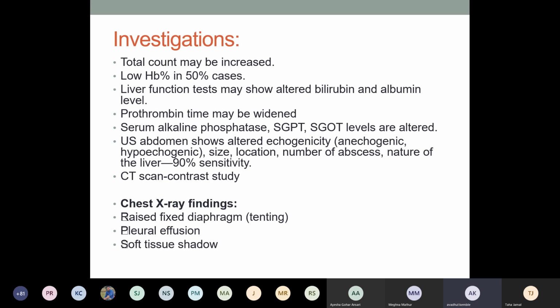Another specialized investigation is a CT scan with contrast study. Chest X-ray can give indirect evidence by showing a raised and fixed diaphragm on the right side, with soft tissue shadows within the area of the liver.